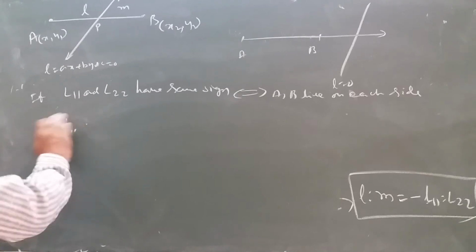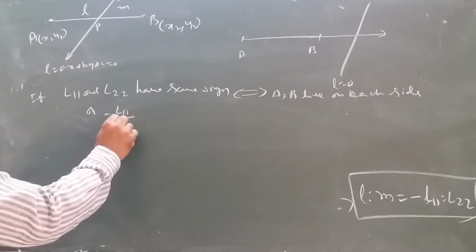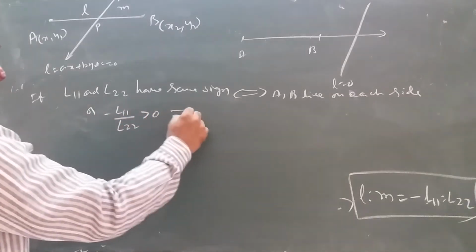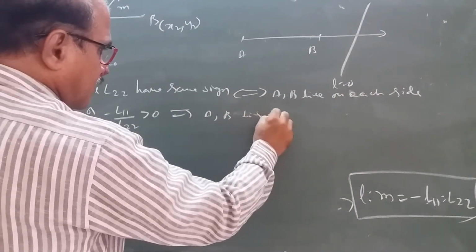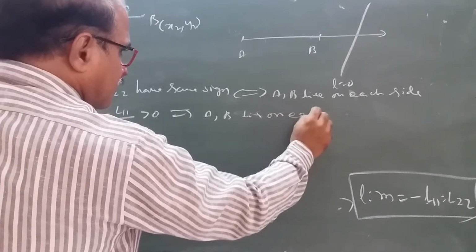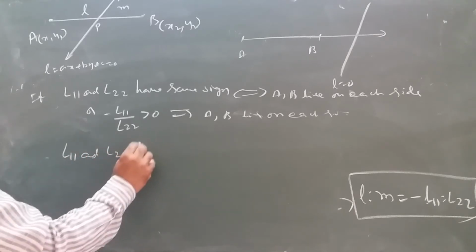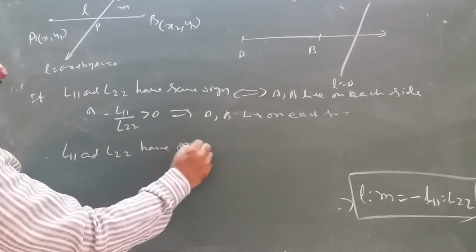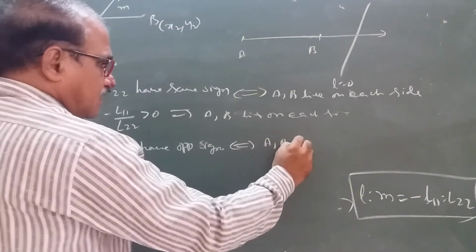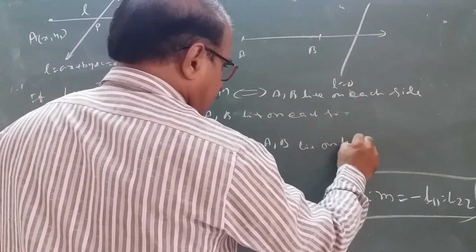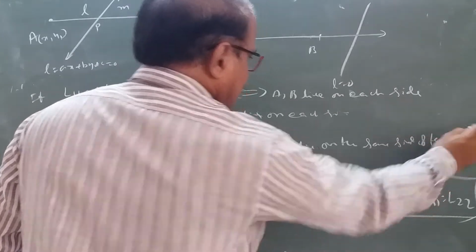If L11 and L22 have opposite signs, then minus L11 by L22 is greater than 0, that implies A, B lie on both sides, each side. If L11 and L22 have the same sign, that implies A, B lie on the same side of the straight line.